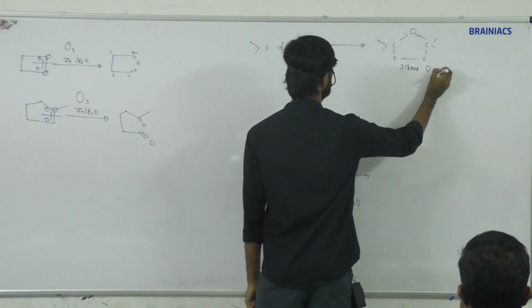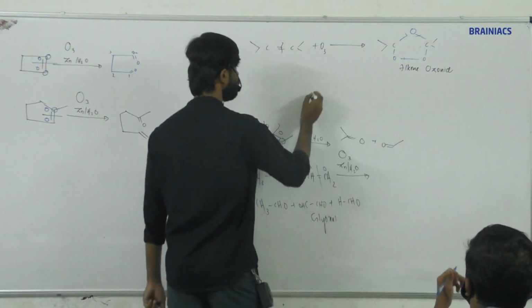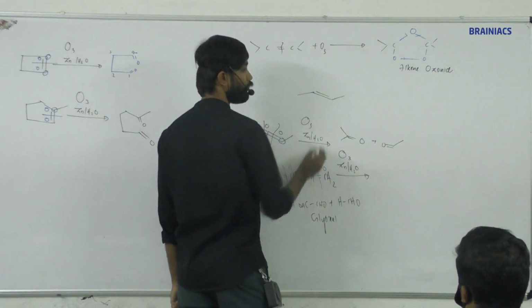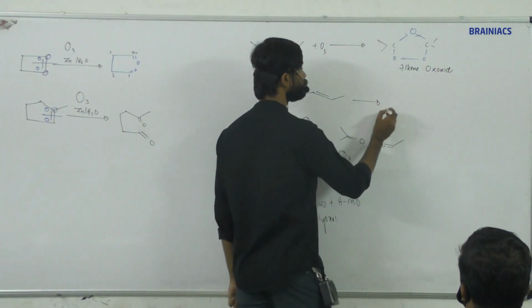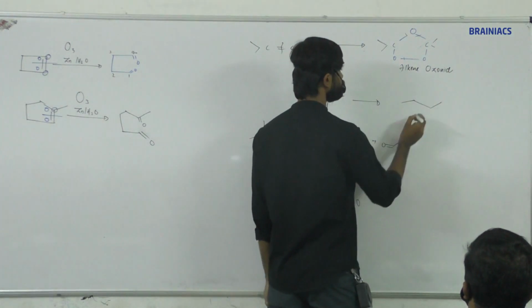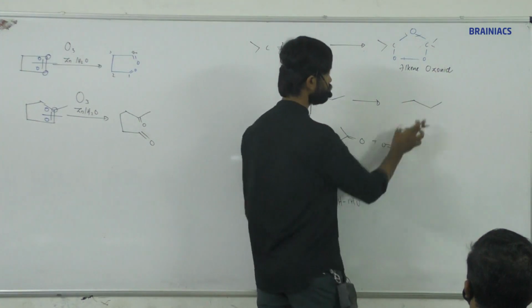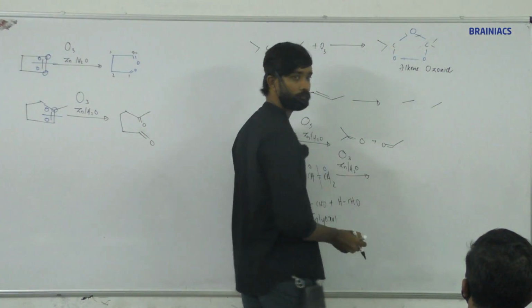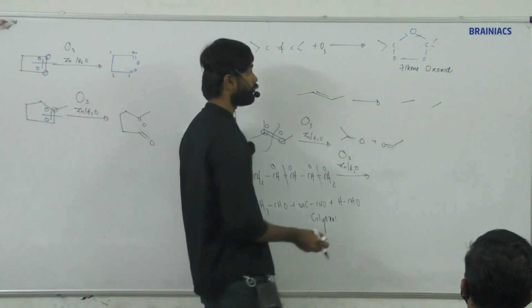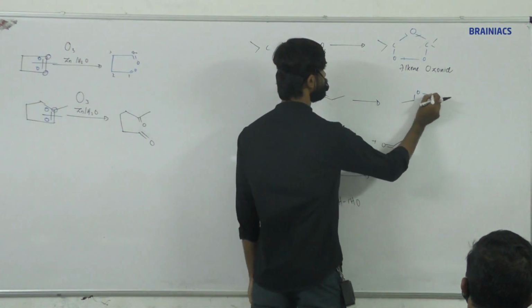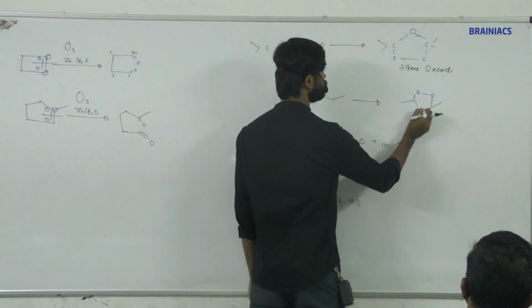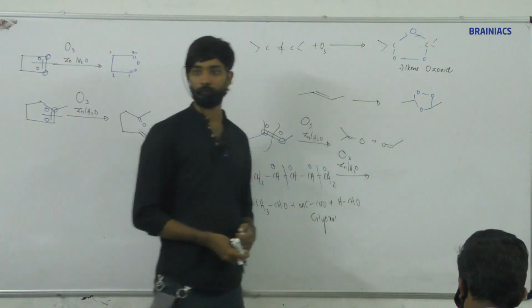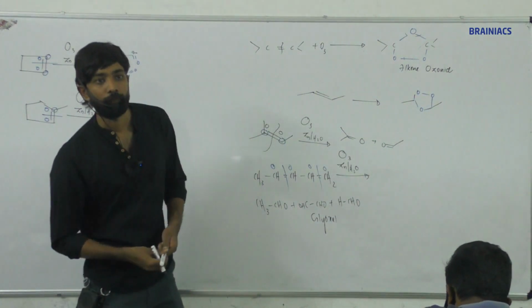This is said to be the alkene ozonide. If I have an example like this, what about the ozonide? This bond is cleaved, right? Okay, the ozonide will be something like this. Okay, ready?